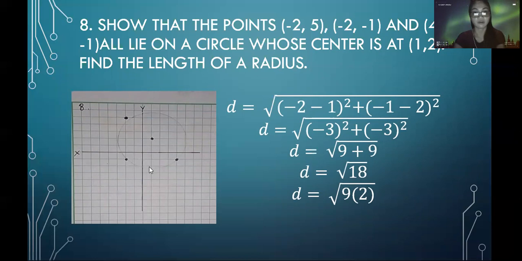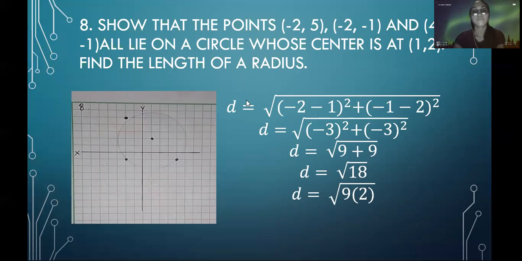Here is the graphing. So to find the radius, the formula is the same as the distance formula: d is equal to the square root of x minus x sub 1 squared plus y minus y sub 1 squared.